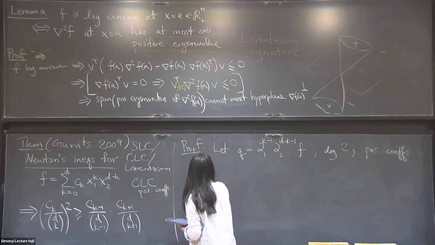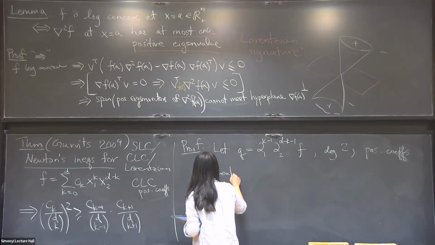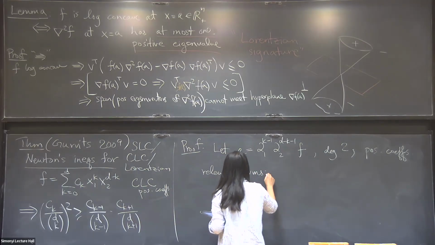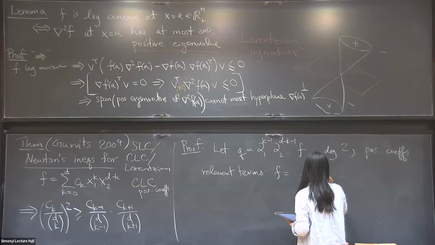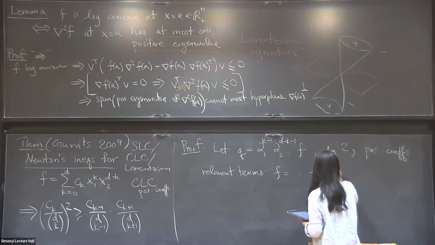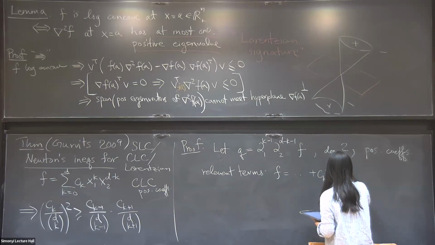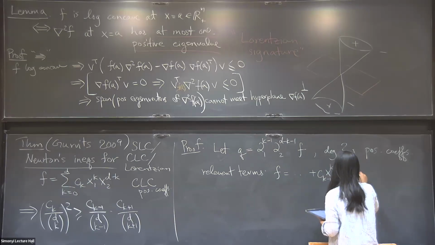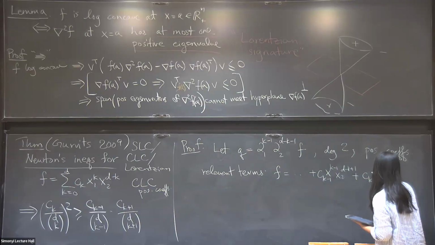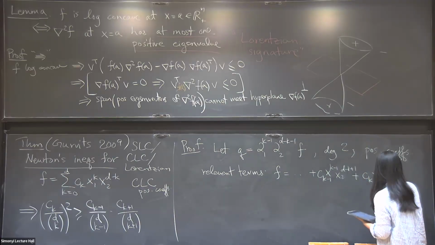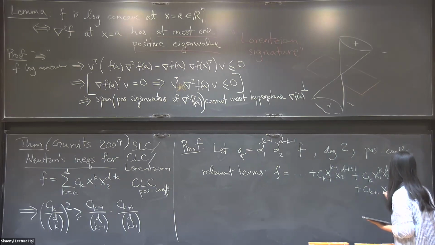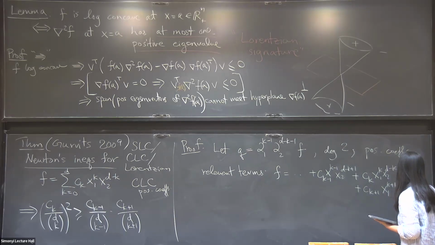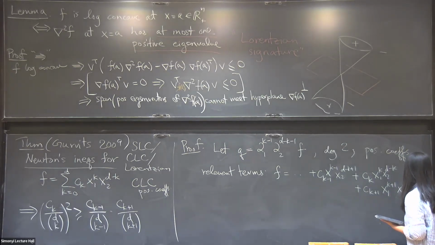So the relevant terms before the derivatives look like something plus c_{k-1} x1^{k-1} x2^{d-k+1} plus c_k x1^k x2^{d-k} plus c_{k+1} x1^{k+1} x2^{d-k-1}. So these are the relevant terms.